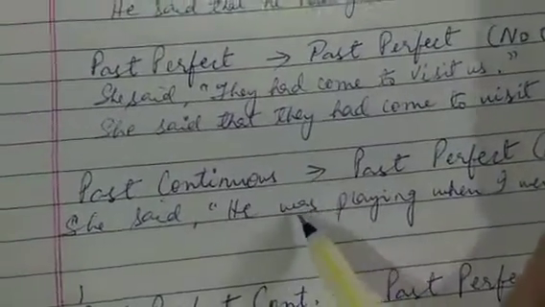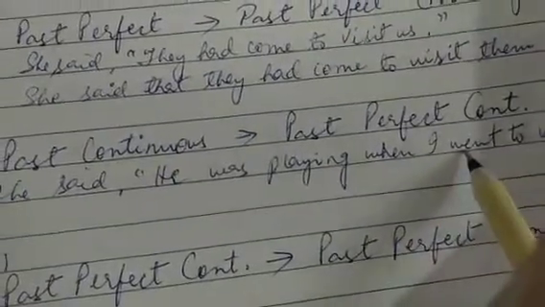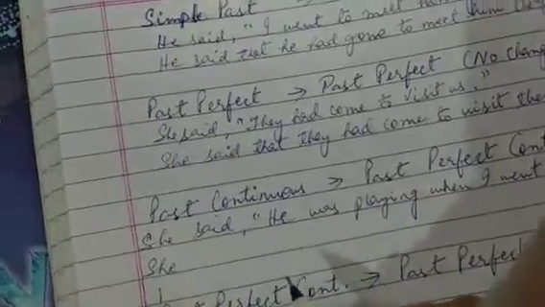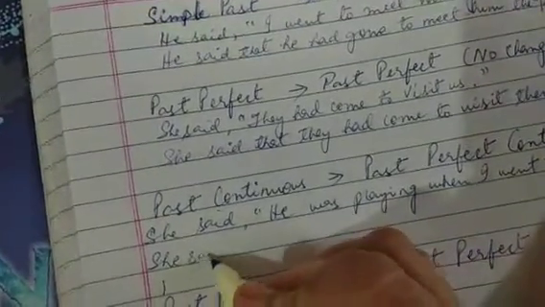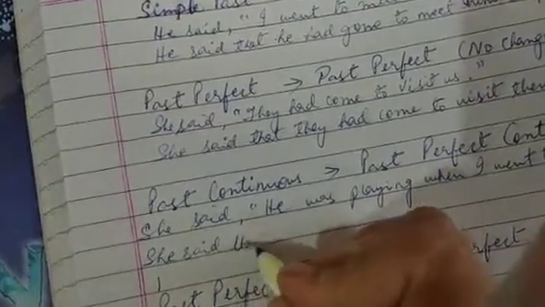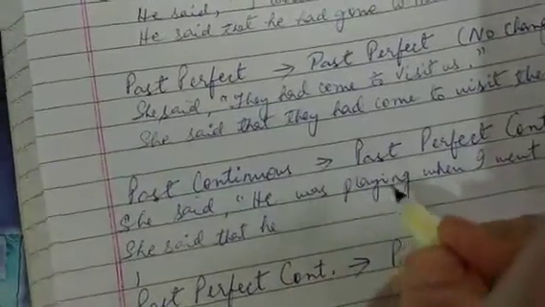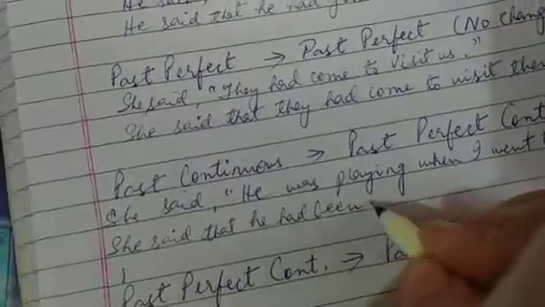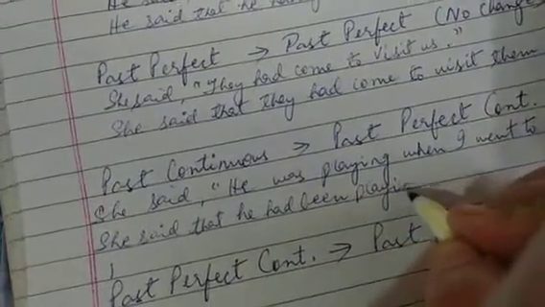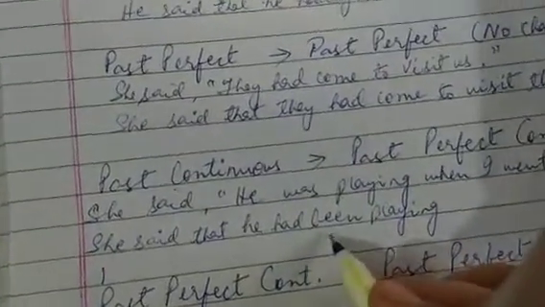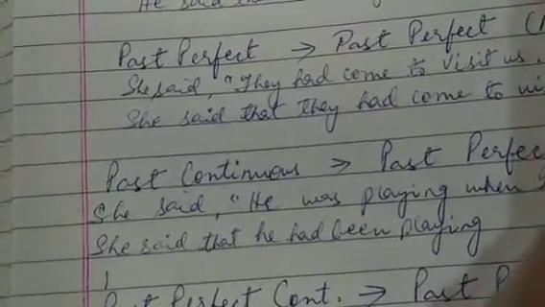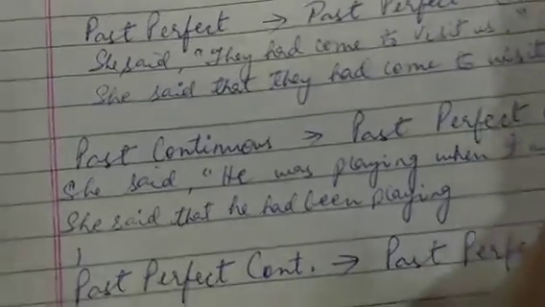See, this is a statement in which we have past continuous and simple past also. So let us see what it changes into when we are changing it into indirect speech. She said that he was playing becomes had been playing. The past perfect continuous form of playing will be had plus been plus playing. Had been playing is the past perfect continuous form of playing.